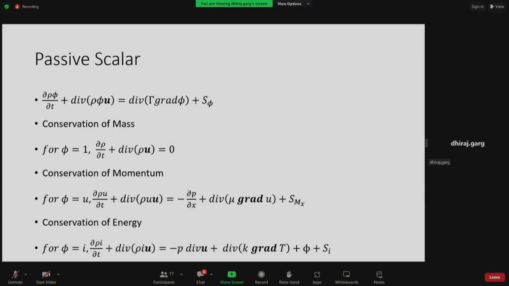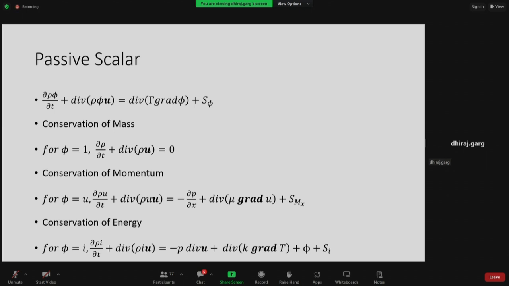The last term is the source term. That means phi may be created, destroyed or consumed within the system, irrespective of convection, diffusion, or time. We assume all these occur independently, not dependent on each other, so we are taking the total effect.